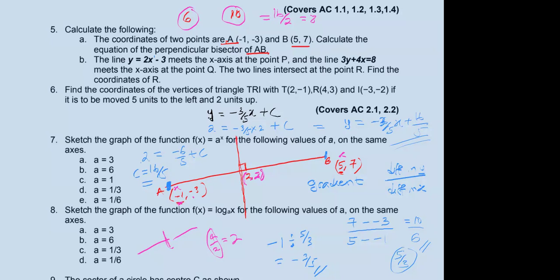What I just showed you in 4 minutes, I spent 1 hour on in class. I could do it because I know it already. But if you see it for the first time, all those gradients, negative reciprocals, perpendicular bisectors, it's going to be so strange for you.